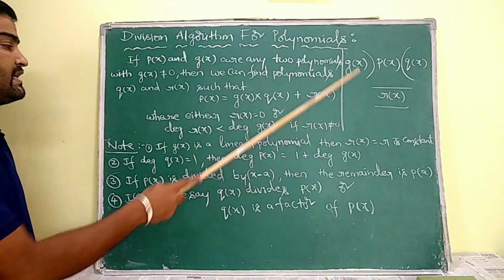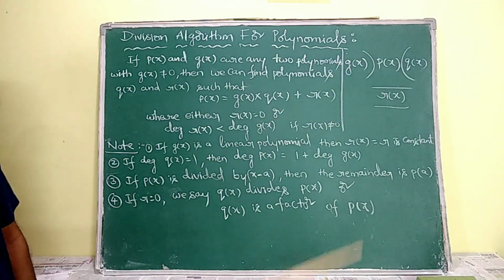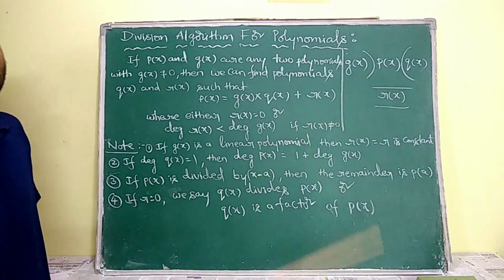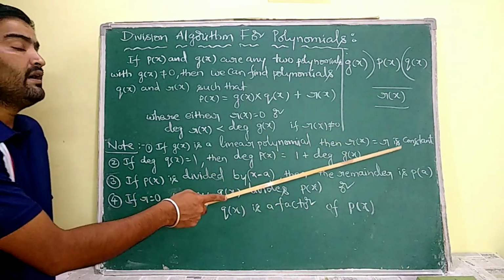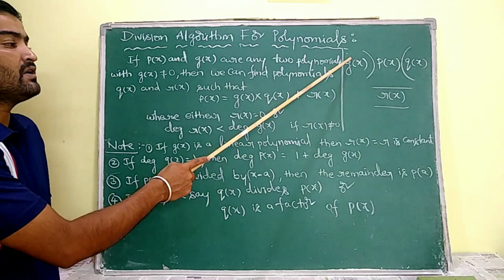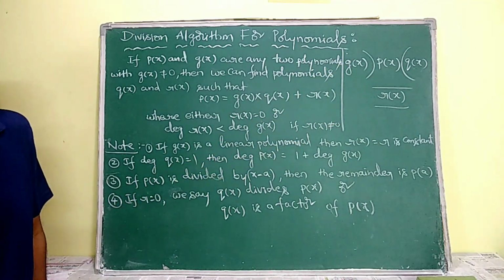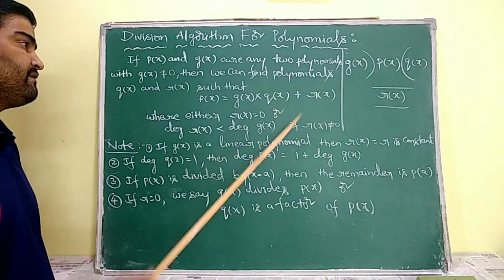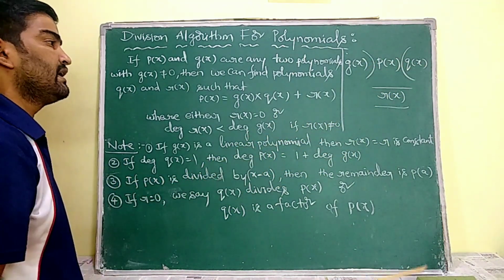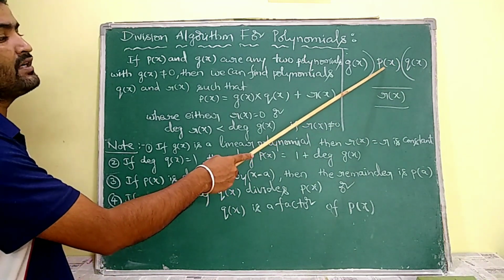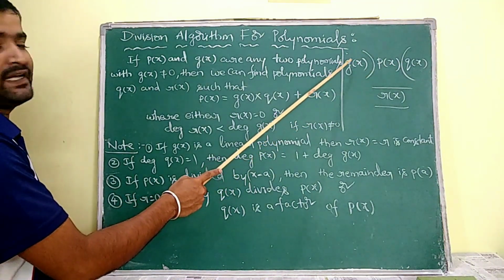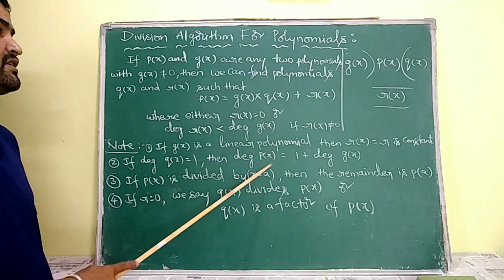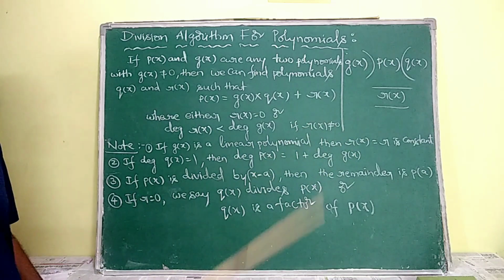Now, let us suppose that g of x is a linear polynomial, then the degree of r of x must be a constant, because the degree of g of x is 1, and the degree of r of x is less than that. That means it may be a constant. Now, if the degree of q of x is 1, then the degree of p of x is equivalent to the sum of the degree of g of x plus the degree of q of x, as we discussed. So the degree of p of x is equal to 1 plus the degree of g of x.